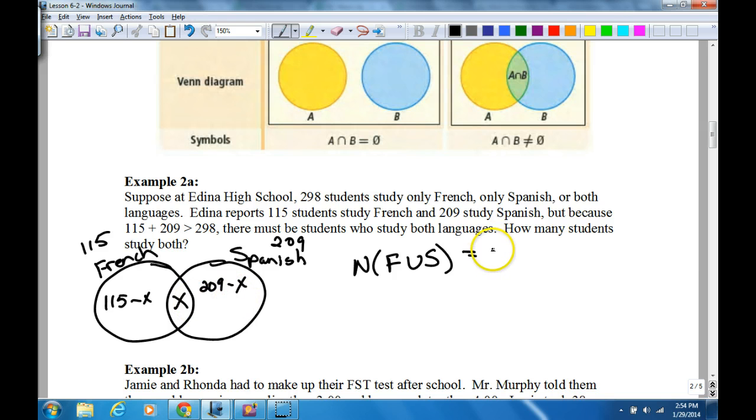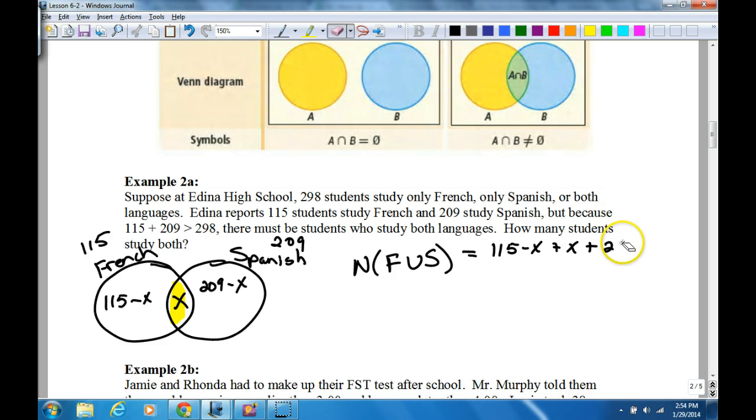So I'm going to have 115 minus x, for my French, plus my union area right here. This section right here, that needs to be added to it. So plus x, plus just Spanish, 209 minus x.